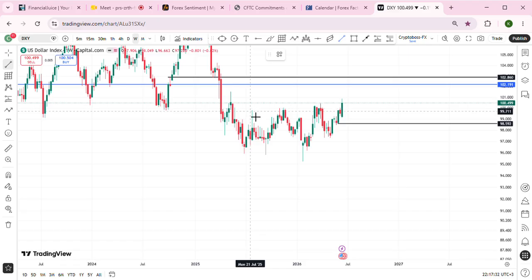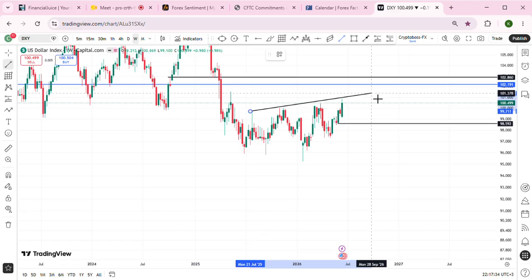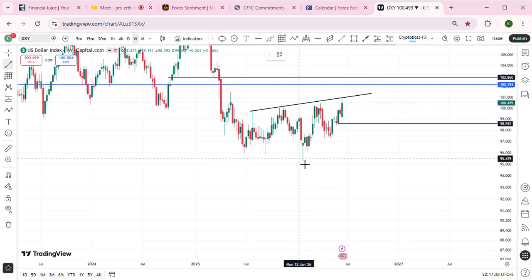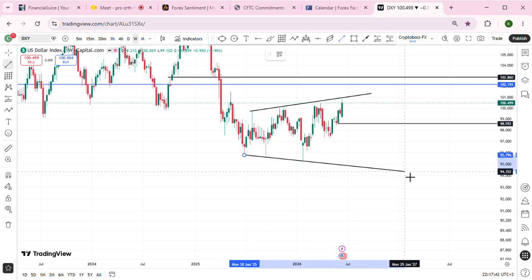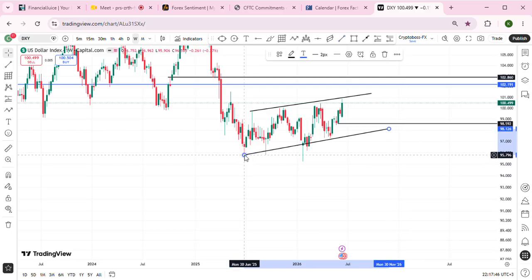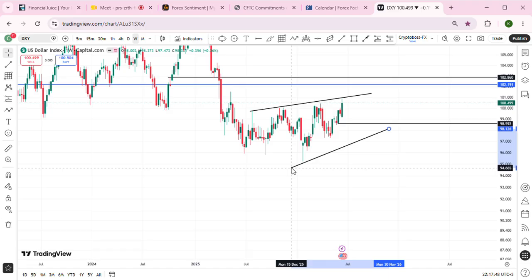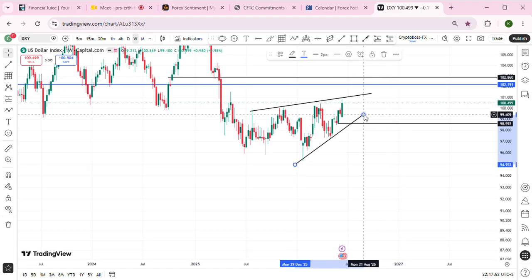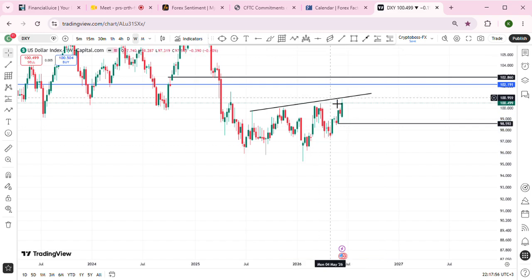On weekly time frame, you can see the market is trying to create this kind of an uptrend, which I'm not comfortable plotting here on weekly time frame, so let me leave it as it is.